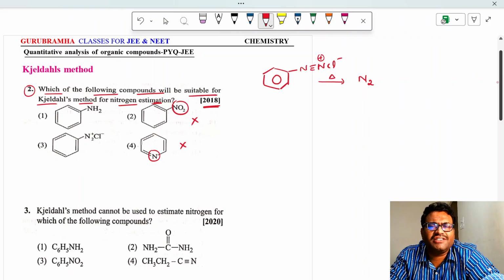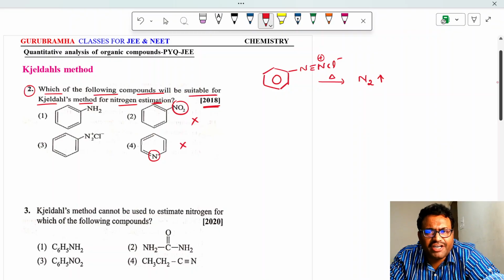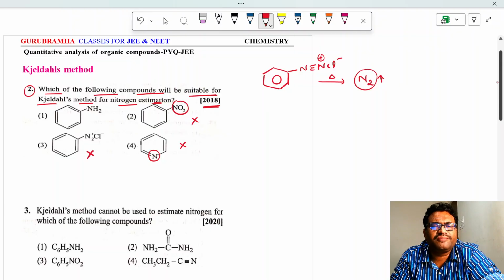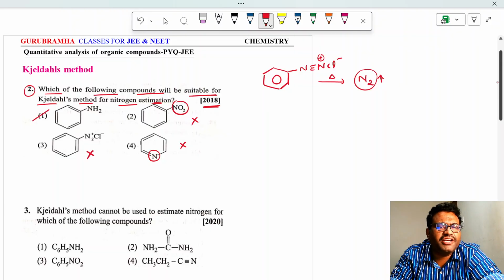So nitrogen is escaping, because nitrogen is not associated with the organic compound and it is not converted into ammonium sulfate. It is released as nitrogen gas. So this is not possible here also. The only possibility is here.